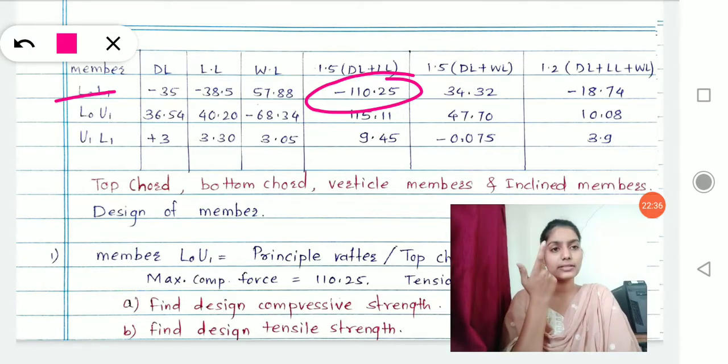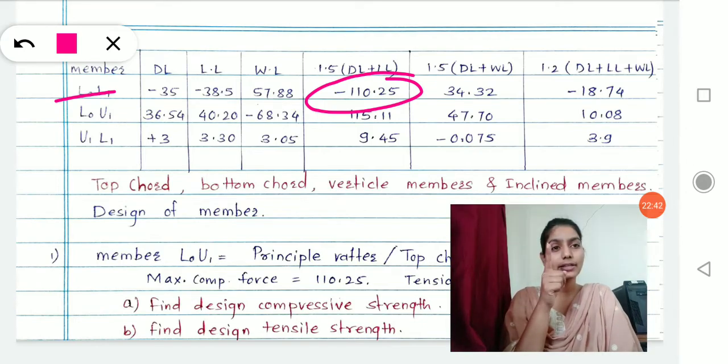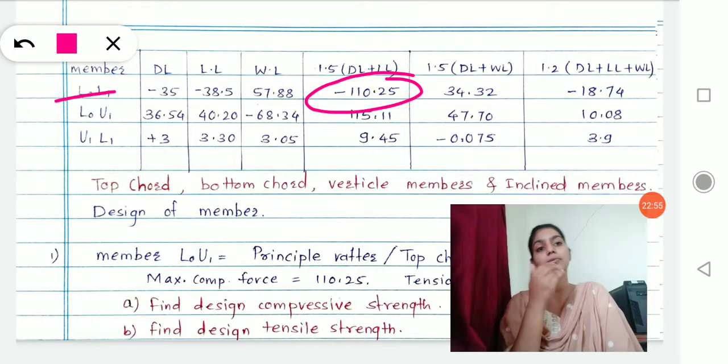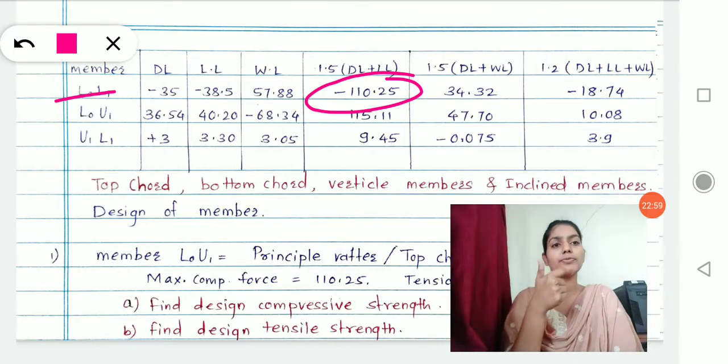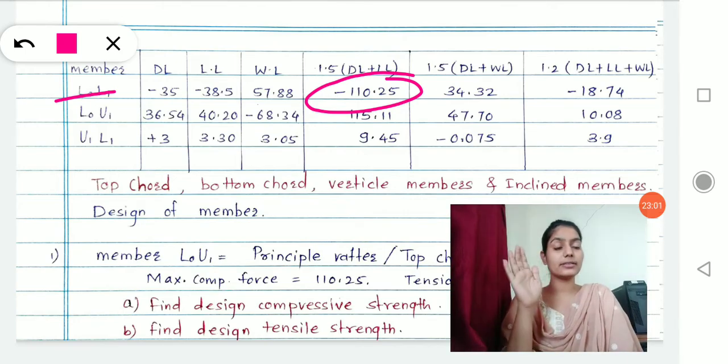What does it mean? Only check the magnitude. Do not check the sign. Out of these 3 columns, I understood that 110.25 is the highest value. Forget about the signs, because a sign is just telling us that the force is compressive or tensile in nature.